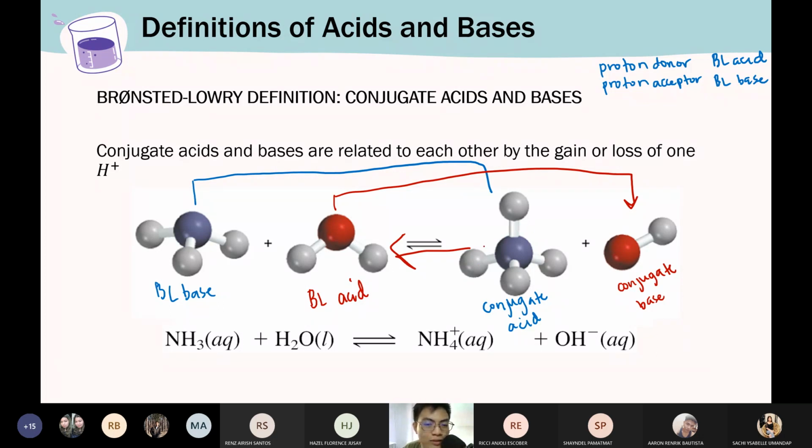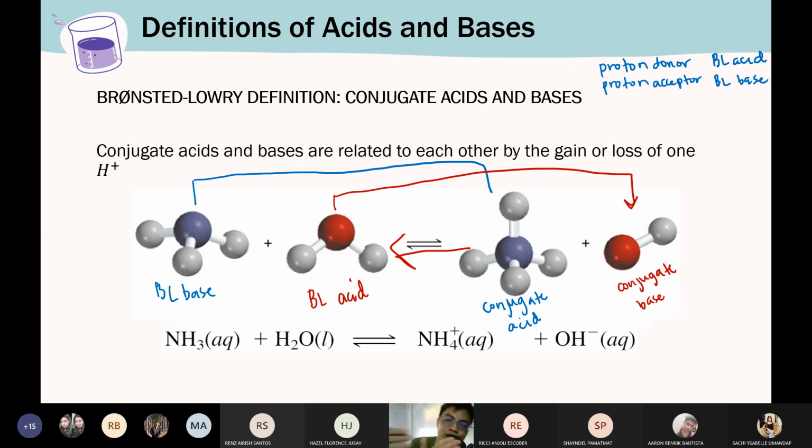So, kung makikita mo, if we are going to produce the left side, this one needs to donate the hydrogen. Okay? So that you will produce this. However, because the reaction is reverse, we need to add the term conjugate. Okay? So, siya yung acid, pero in reverse direction. That's why we call it the conjugate acid. Okay?